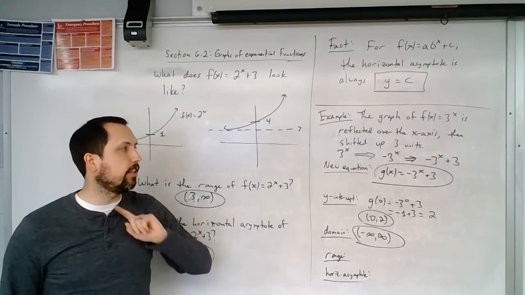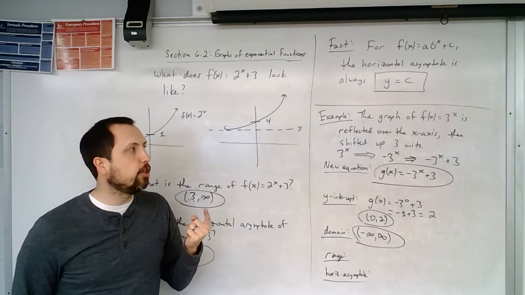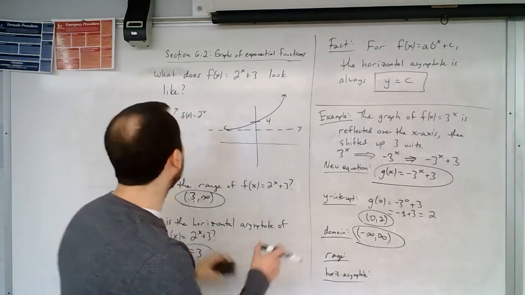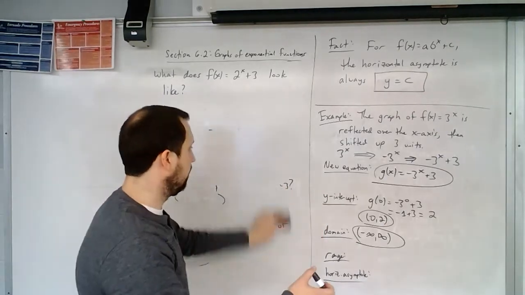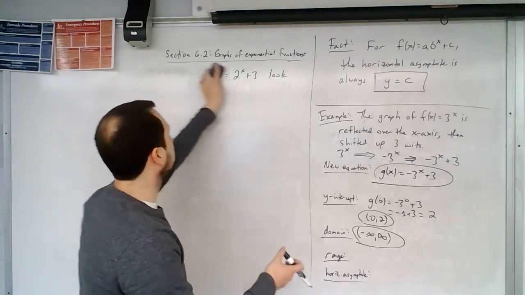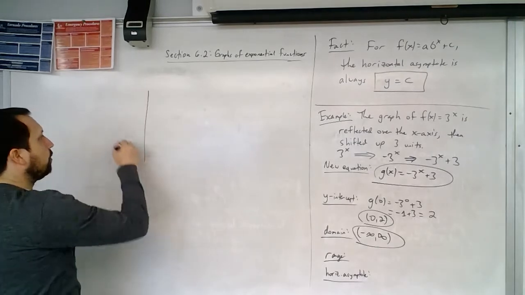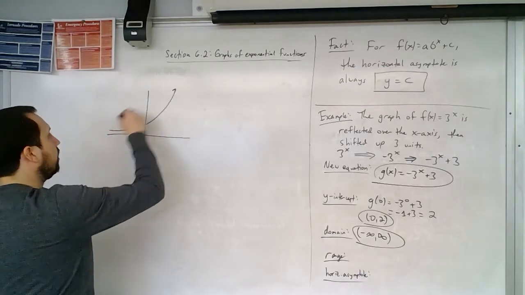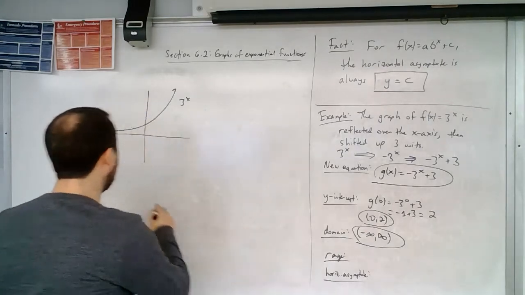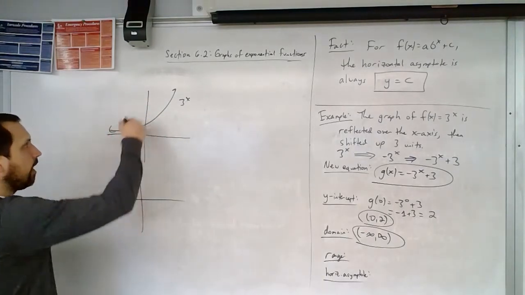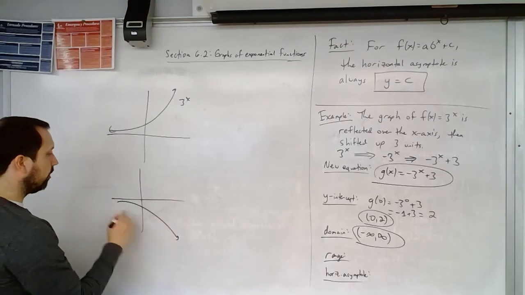Trying to look at the equation might get a little bit tricky. So let's think about what actually took place graphically with all of these transformations. If I start out with 3 to the x, it looks like this. Then if I reflect over the x-axis, everything gets reflected over, and it looks like this.